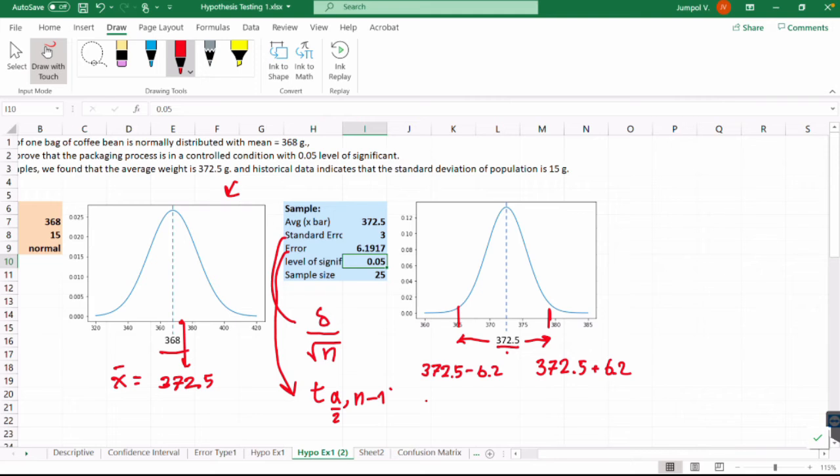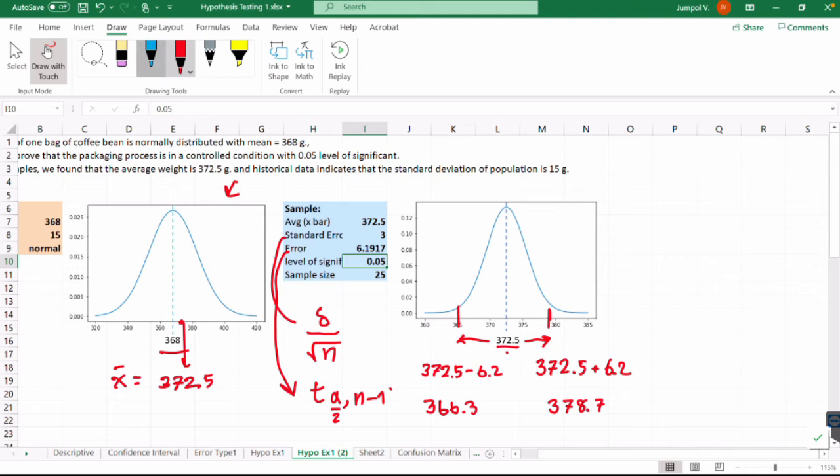Okay, and it is 366.3, right? And this is 378.7.